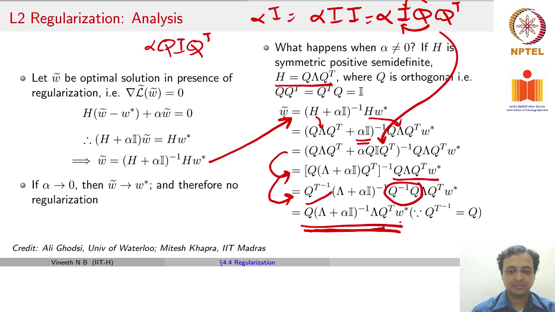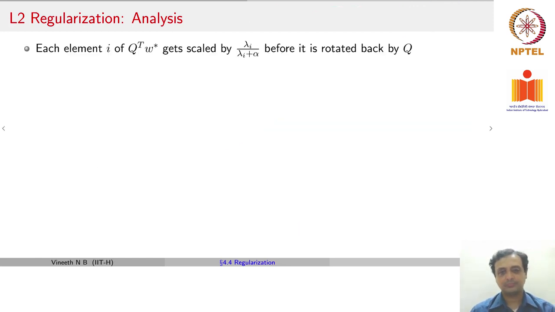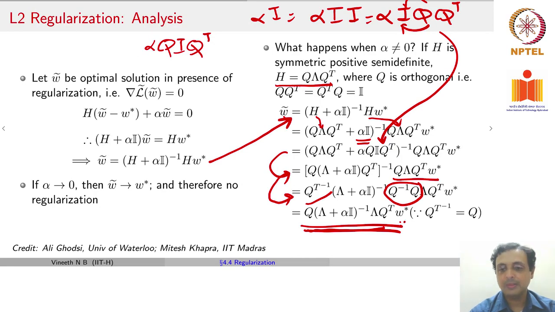Let's try to assess this transformation more carefully. If you observe here, you first take W star and multiply it by a matrix Q transpose, which is equivalent to doing some transformation on W star. After you do that, you are multiplying by this term here. Remember, lambda is a diagonal matrix.